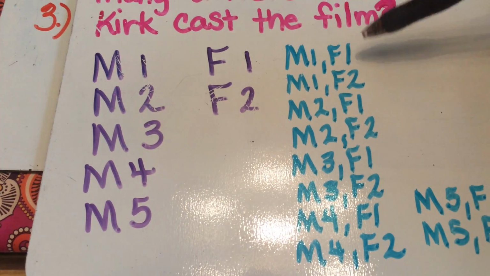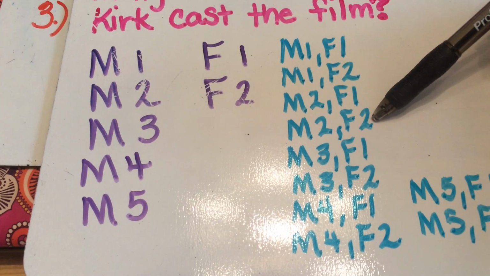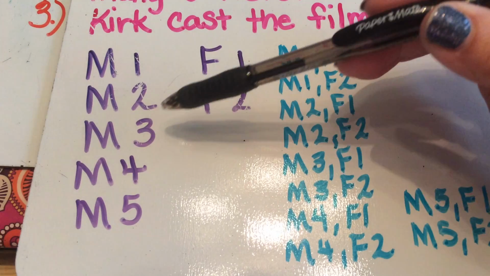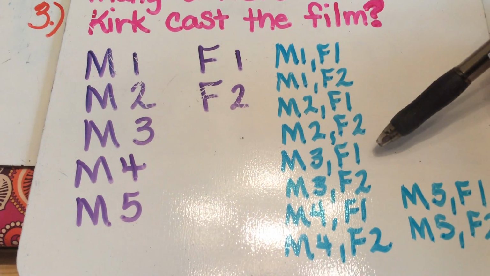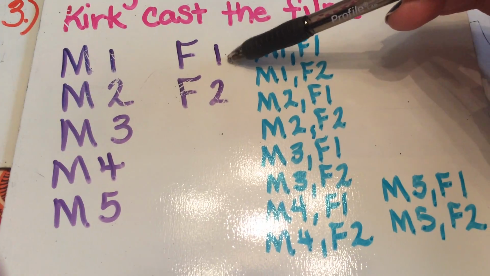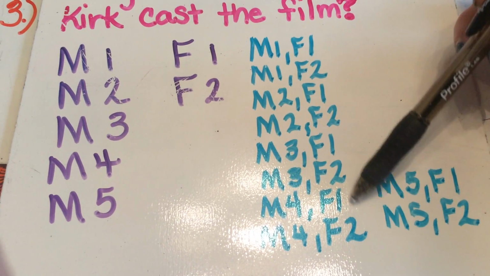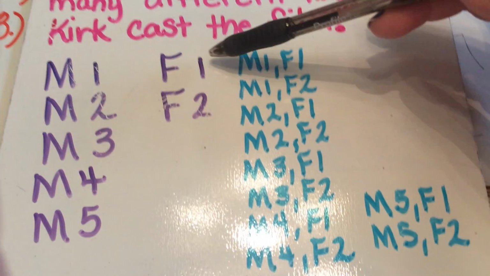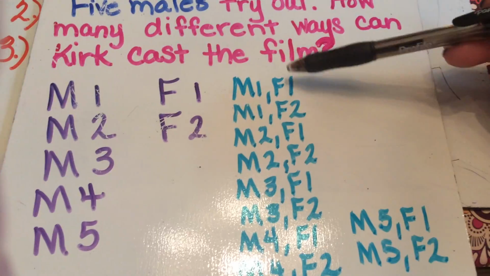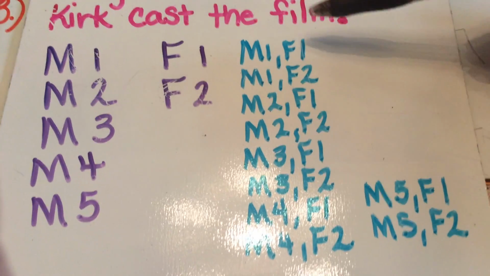Male 2 and female 1, male 2 and female 2, male 3 and female 1, male 3 and female 2, male 4 and female 1, and male 4 and female 2, right there, and male 5 and female 1, or male 5 and female 2. So those are all the different ways that he could cast the lead roles in the film.